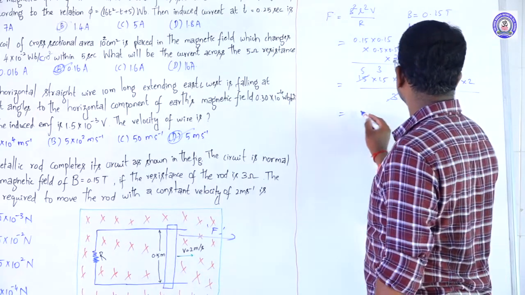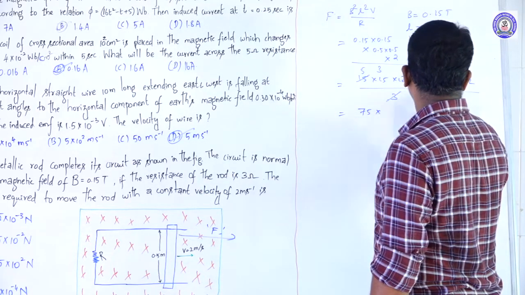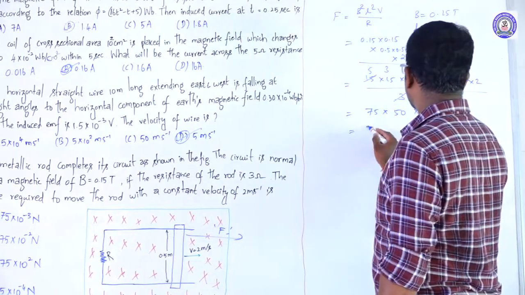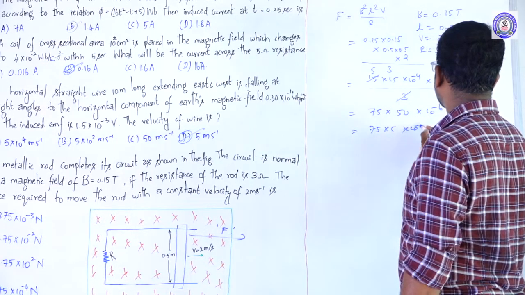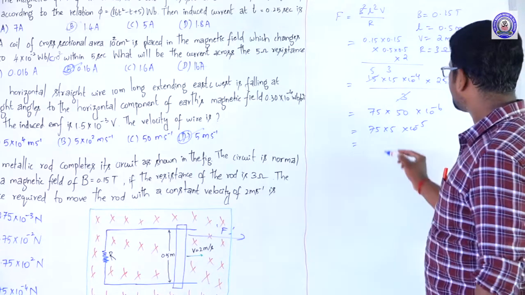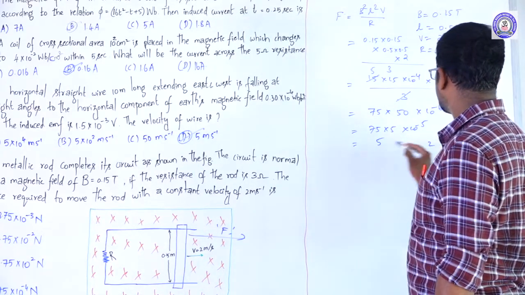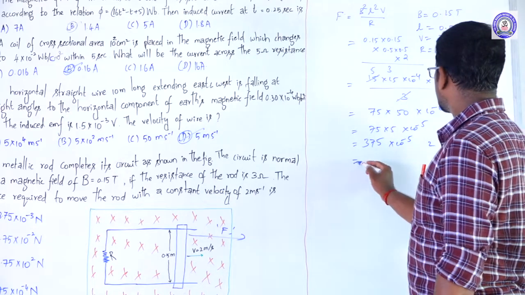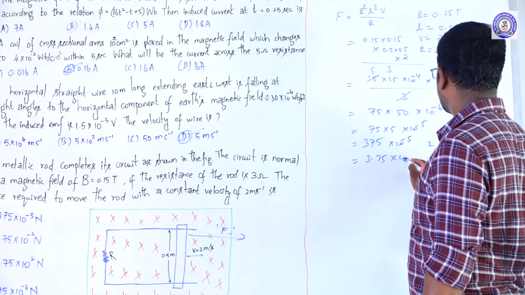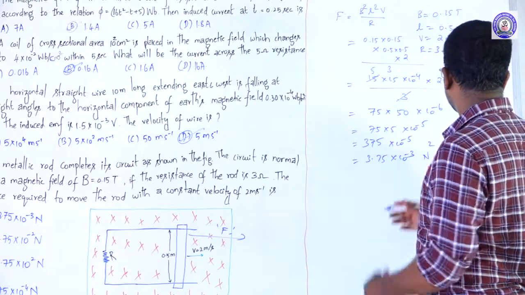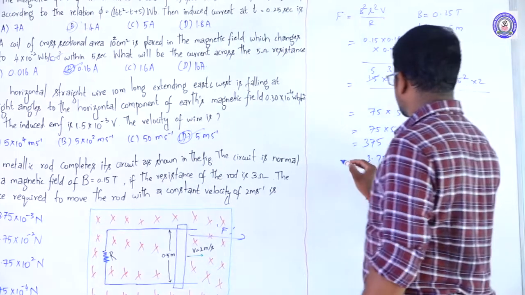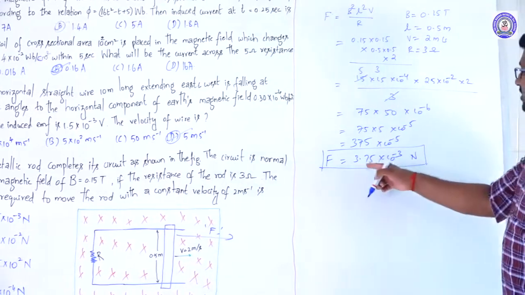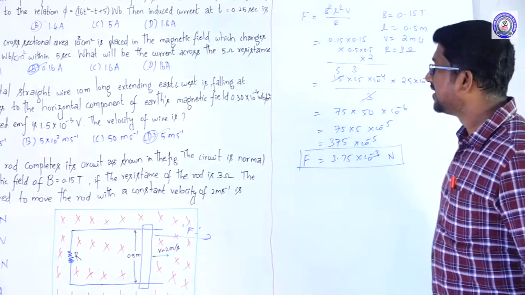Simplifying, 75 into 5 into 10 power minus 5, which gives 3.75 into 10 power minus 5, or 3.75 into 10 power minus 3 Newton. The required force to move the rod from the magnetic field is 3.75 into 10 power minus 3 Newton.